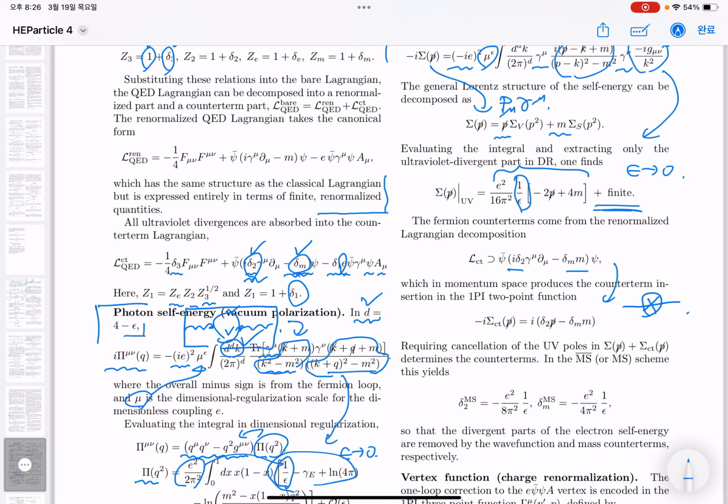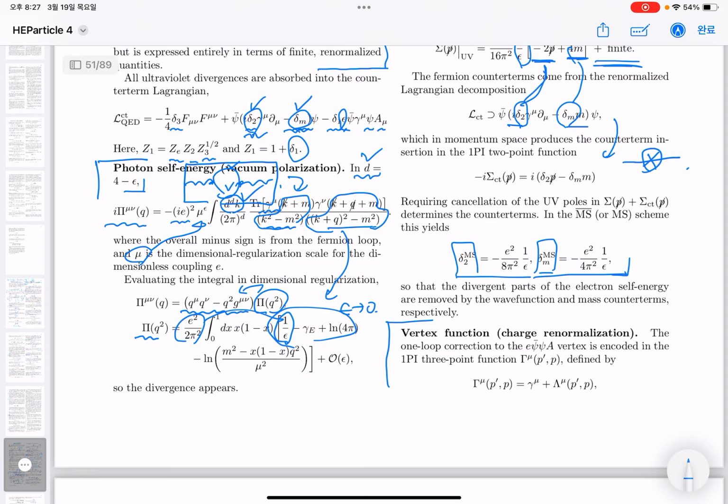So to cancel the UV divergence, delta 2 and delta m are determined: the p-slash term can be offset by delta 2, and the mass term can be offset by delta m.